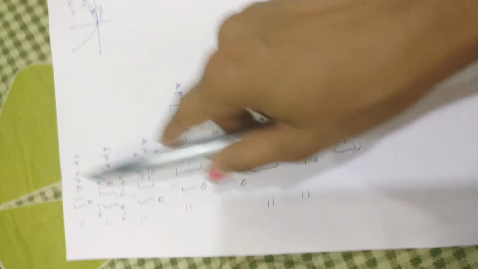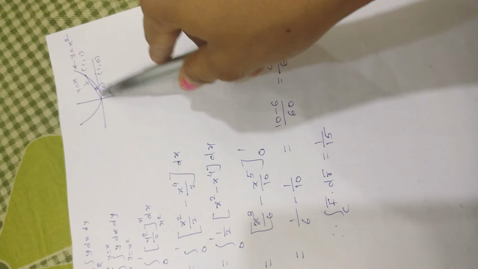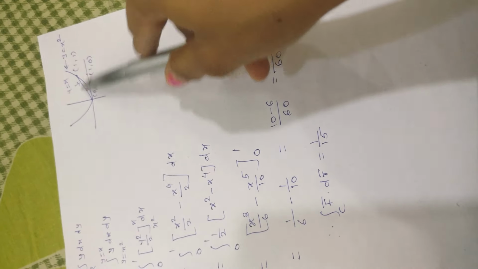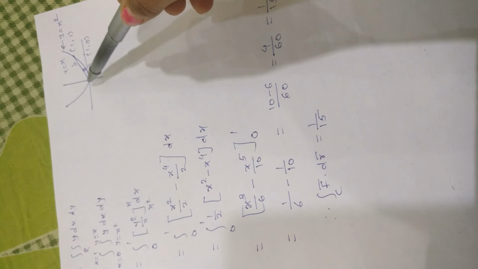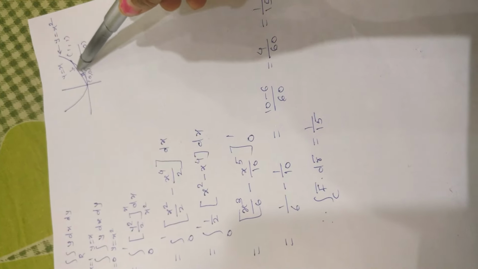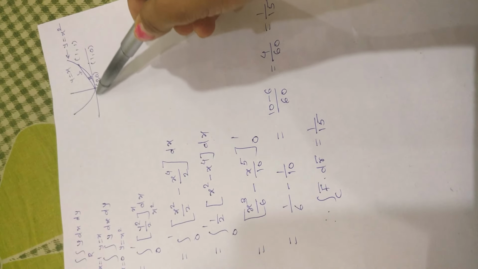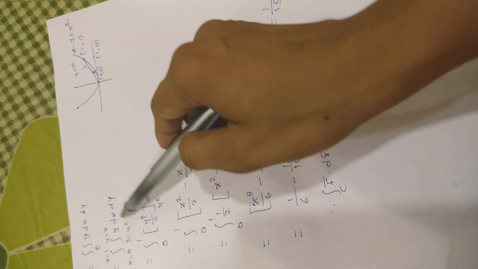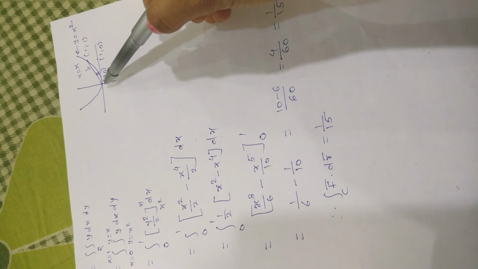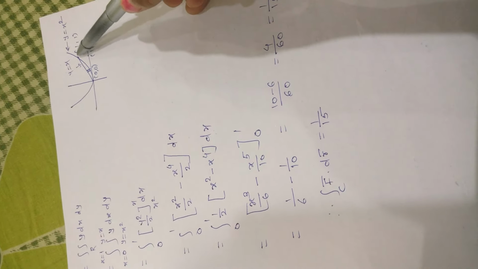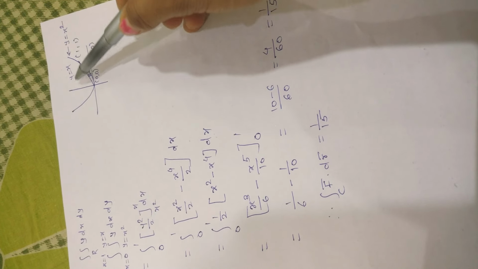So x runs from 0 to 1, and for the limit of y, the lower limit comes from this boundary, y equal to x², and the upper limit varies along this line, y equal to x.